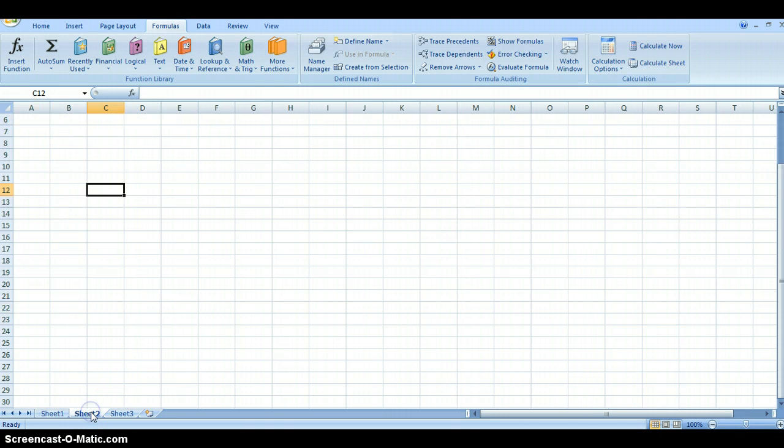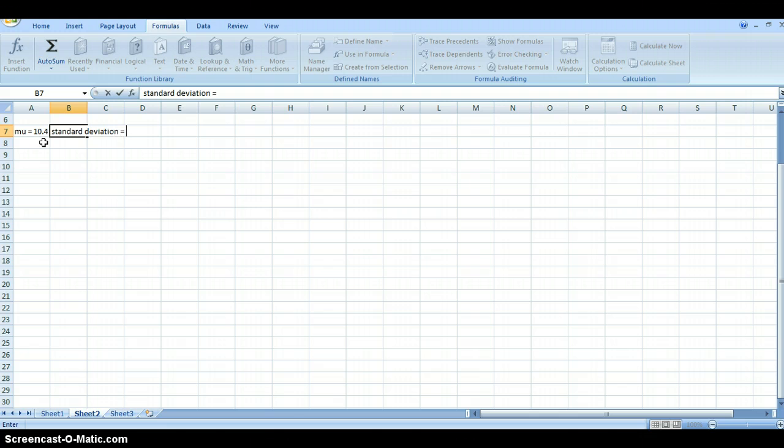For the normal distribution, again, the same thing holds true for the false and true idea. So let's just do an example where our mean, and I'm going to use mu because I can't actually draw the symbol for mu, is like 10.4, and then we're going to have a standard deviation of 1.2.